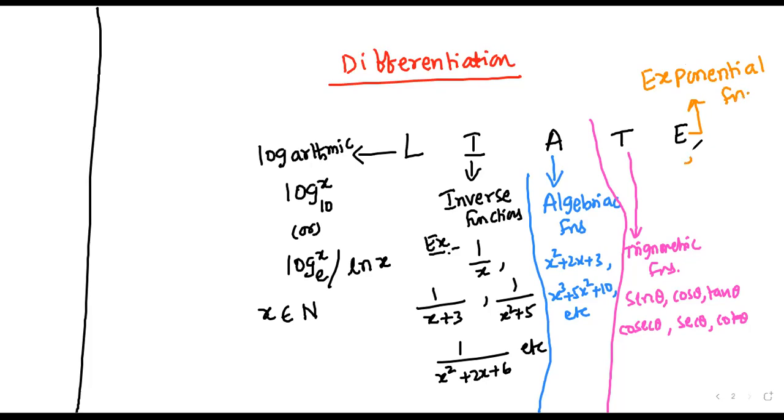That is e power x, e power minus x, etc., where x belongs to the set of rational numbers. It may be a positive integer or a negative integer.